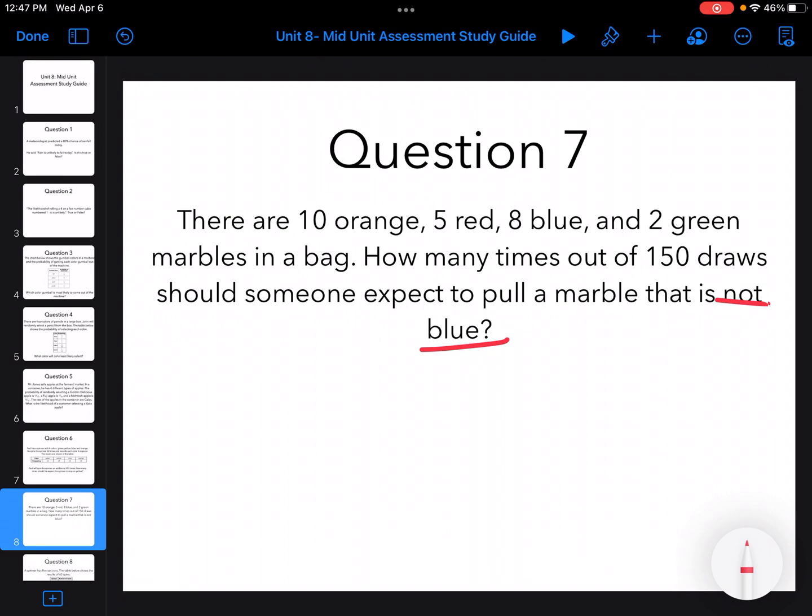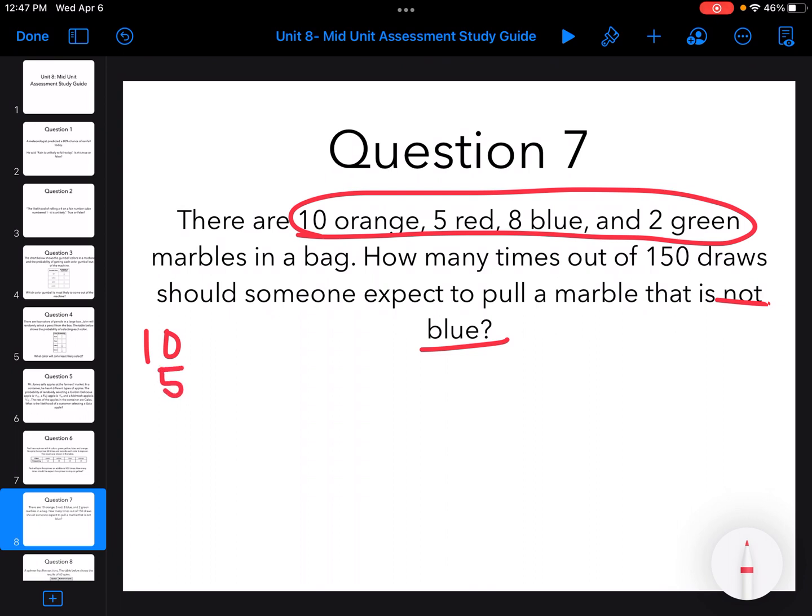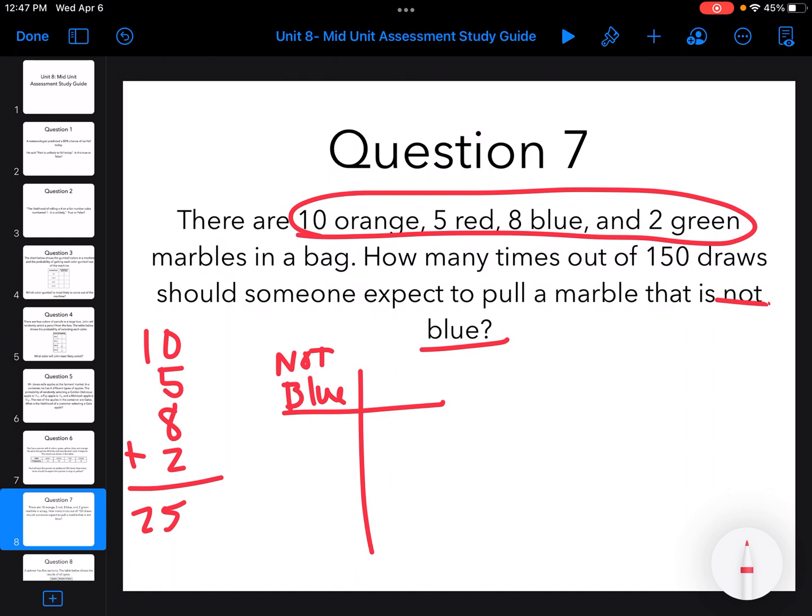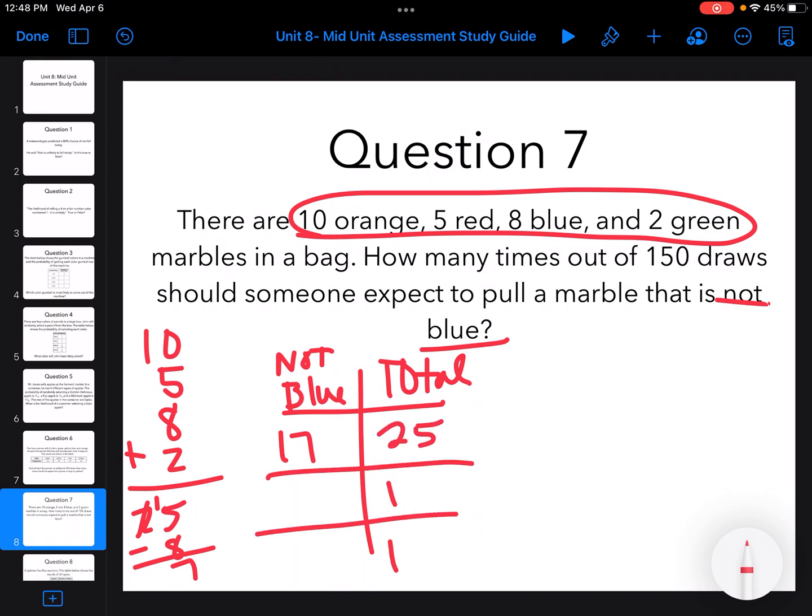Okay, so I know that when I add these up, so I've got 10, 5, 8, and 2, I'm going to get 25. And I want one that is not blue, so that means not blue. So that would be 25 minus 8, which would be what, 17? Yeah, 17. Okay, and 25, and I want to get 150.